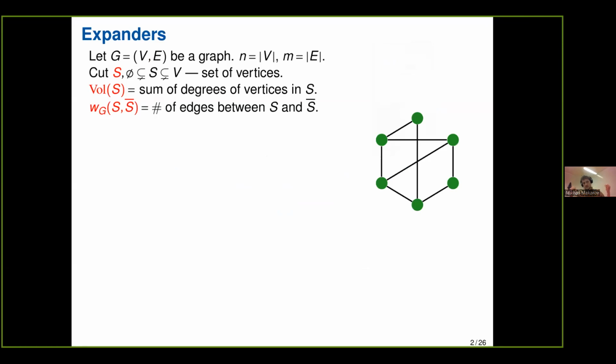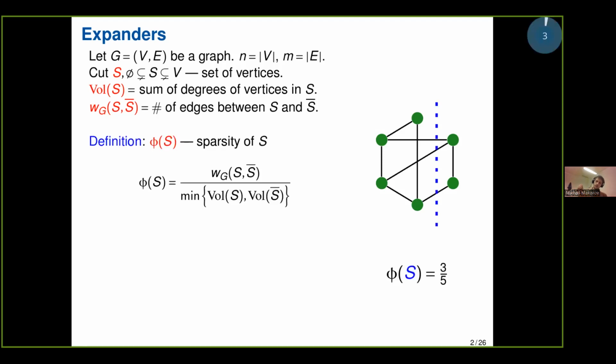There are a couple of useful measures for a cut S. First is its volume: the volume of S is just equal to the sum of degrees of vertices in S. Another useful definition is the size of a cut, which I denote by w(S, complement of S), and this is the number of edges connecting S and the complement of S.